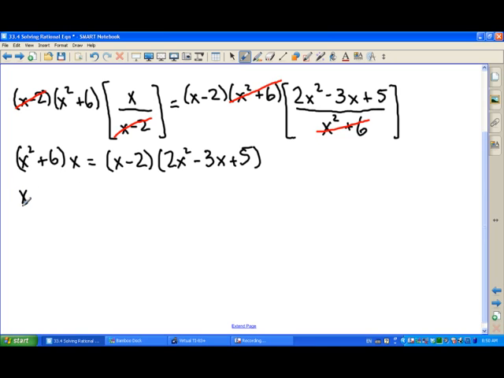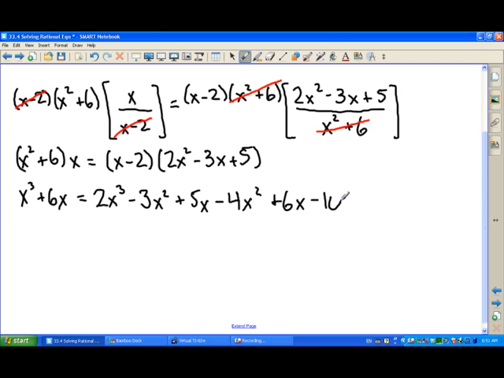Distributing, I get x cubed plus 6x on the left-hand side and 2x cubed minus 3x squared plus 5x minus 4x squared plus 6x minus 10 on the right-hand side. And I want to be able to set one side equal to 0, so I'm going to bring everything on the left-hand side over to the right-hand side.